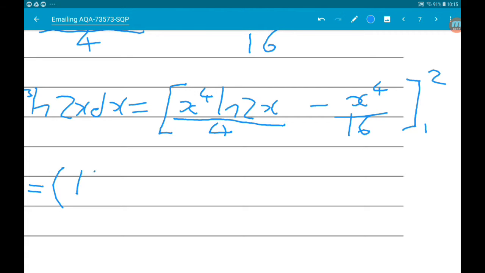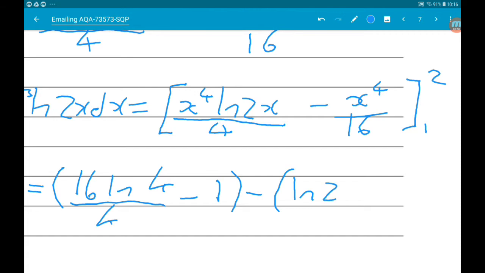So we're going to get 16 log of 4 over 4 minus 16 over 16, so that's minus 1, minus 1 to the power 4 is just 1, so we get minus a log 2 over 4, and then we've also got in this bracket minus 1/16.